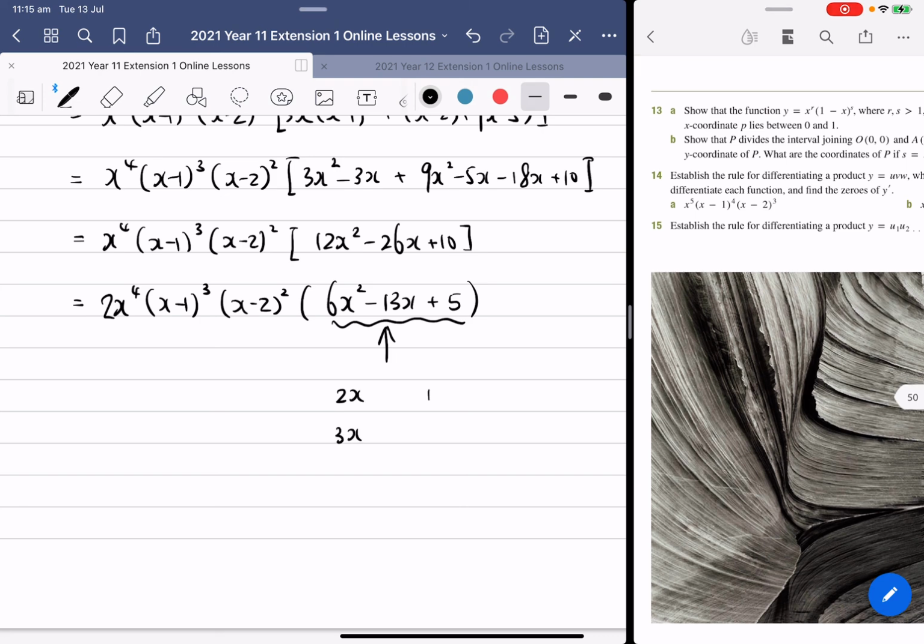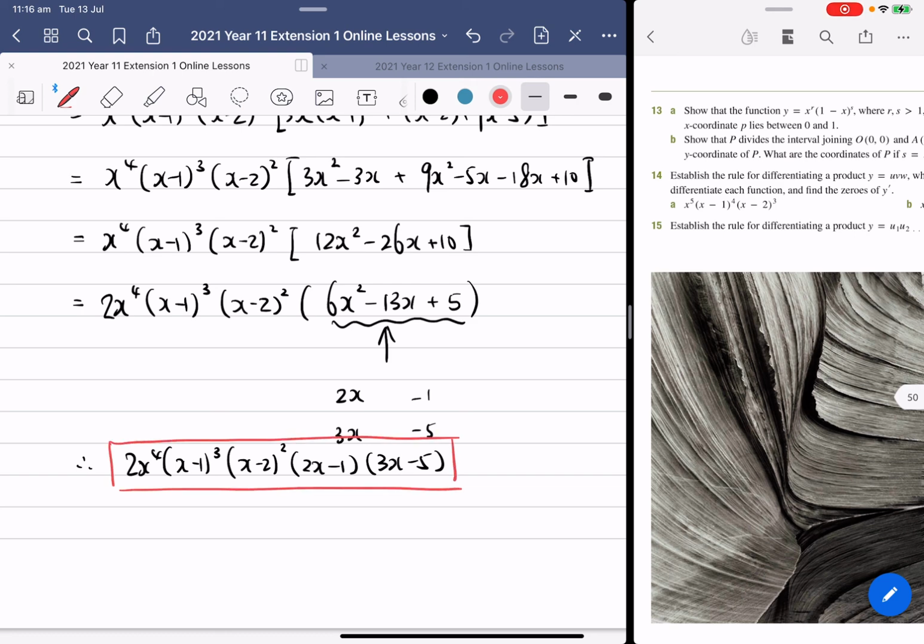That gives you 1 and 5, negative, negative, and that gives you 13. So the final answer is 2x to the power 4, (x minus 1) to the power 3, (x minus 2) to the power 2, (2x minus 1), (3x minus 5). And that becomes the final answer for the derivative of that question.